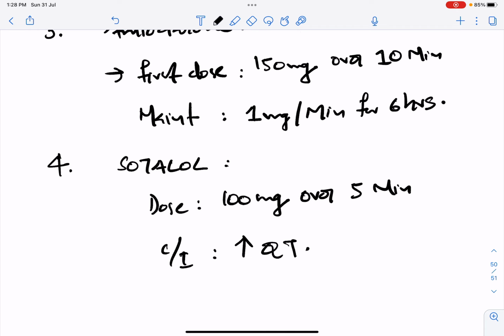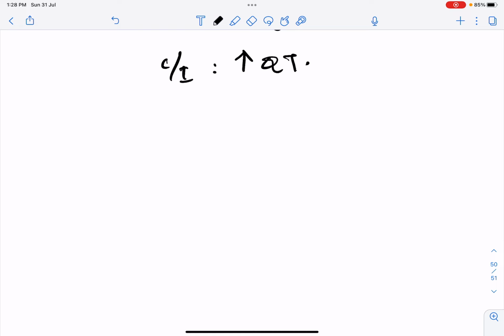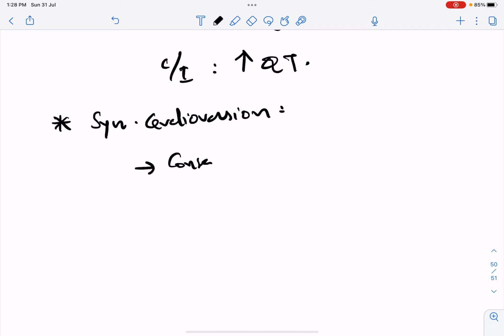Okay, this is about the drugs that we will give in case of a stable tachyarrhythmia. But for unstable tachyarrhythmia, the only indicated treatment option is synchronized cardioversion. So before giving synchronized cardioversion, you have to take a consent.